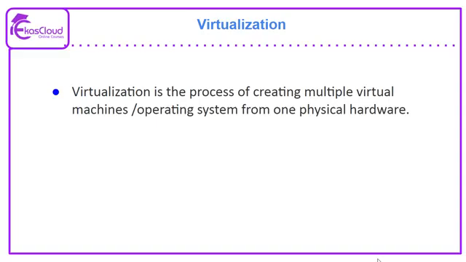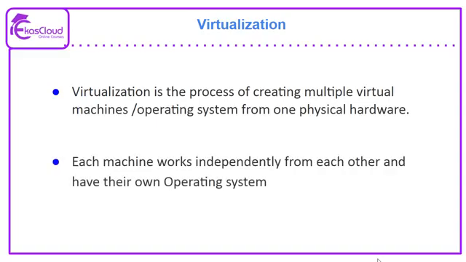So this is virtualization. And then each machine works independently, that is highlighted, independently from each other, and has its own operating system. This is also highlighted. So this is virtualization.